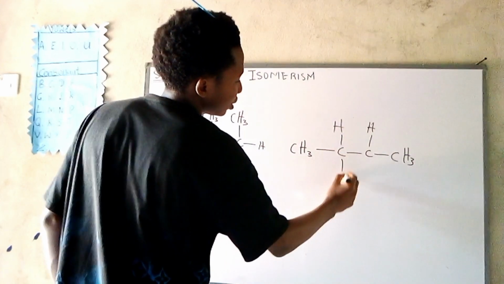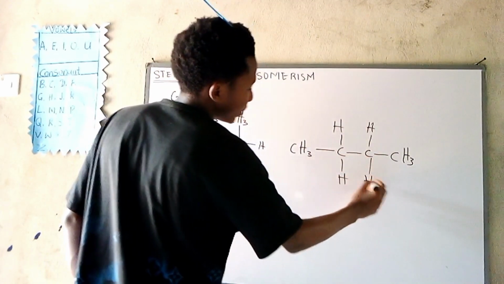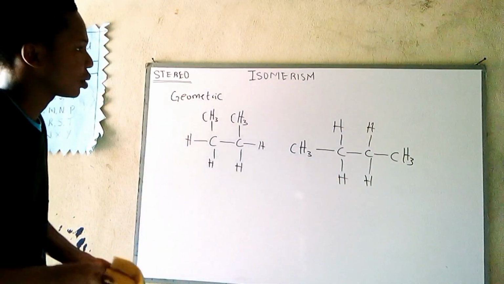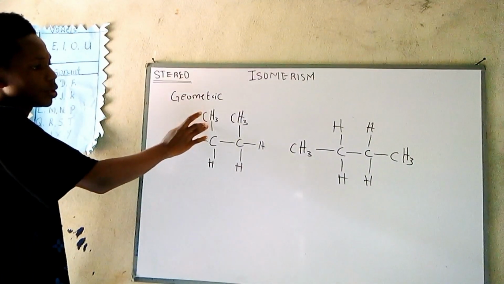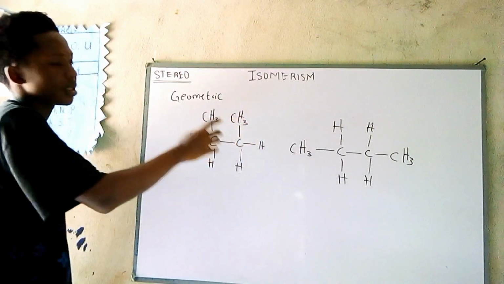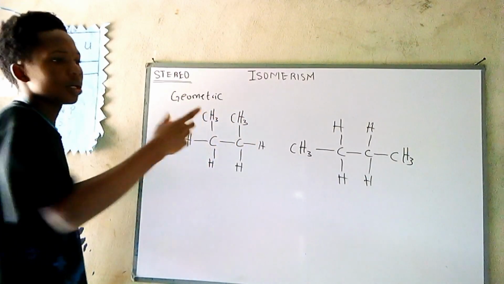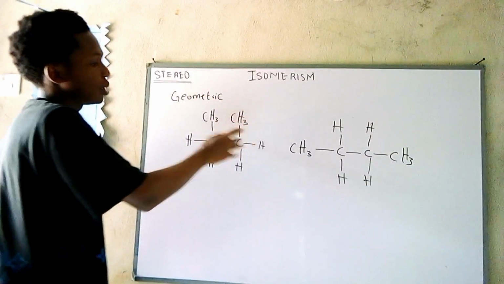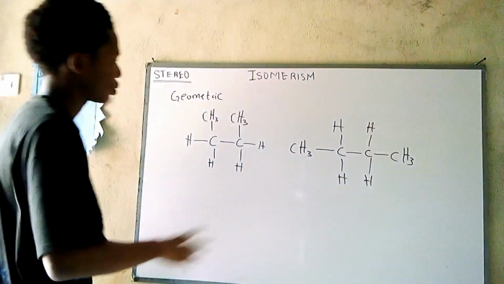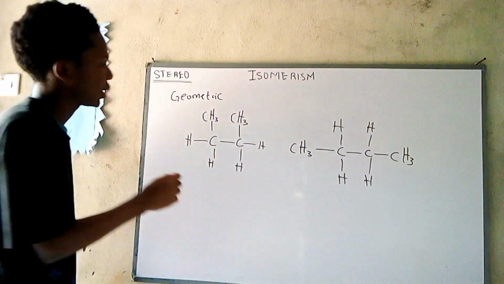I think this is the simplest compound I can use to explain this. We can also use compounds exchanging these substituents to halogens like chlorine, bromine, iodine and all that. So we can also do that, but let's go with this.